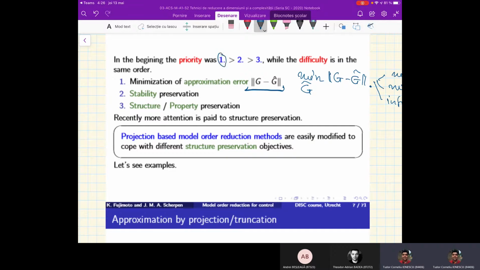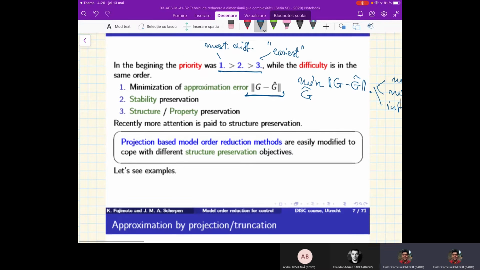Now it's correct. 1 is the most difficult. And this is the easiest, sort of. Let me put it like this, in quotes. Sorry, I misread it. This is correct. 1 is the most difficult. That's my view, and that's what I was trying to tell you here.